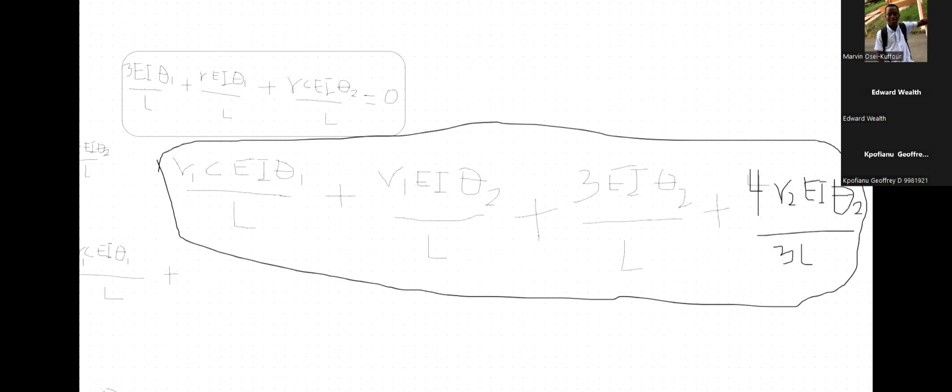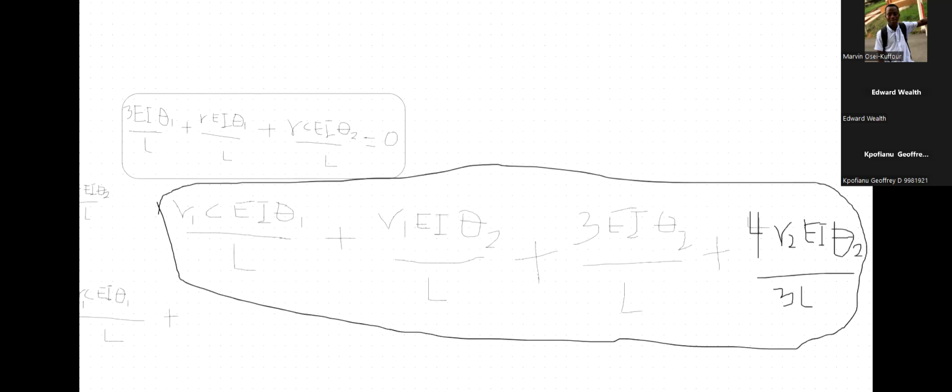So from here, what we do next is that we have to put it in the stiffness matrix form. So in the stiffness matrix form, this is how it will look like.